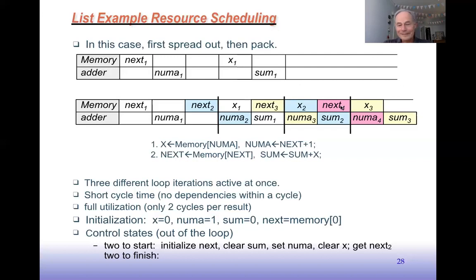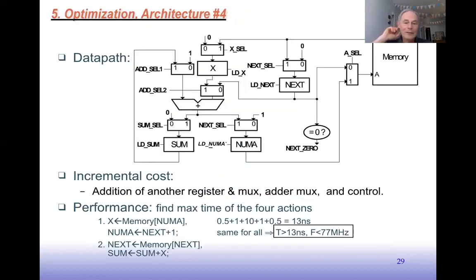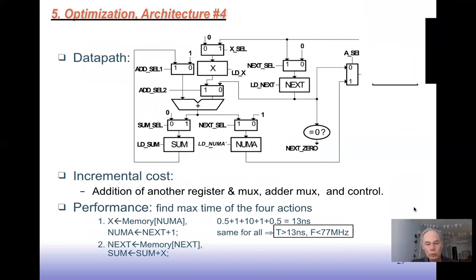Okay, so that's the highly optimized design here, so we can see what the data path for that looks like. I've added an X register here. There's a multiplexer here to initialize it when we need to.